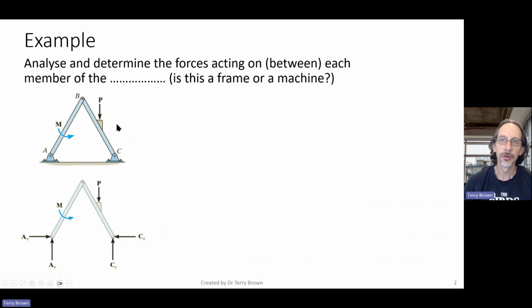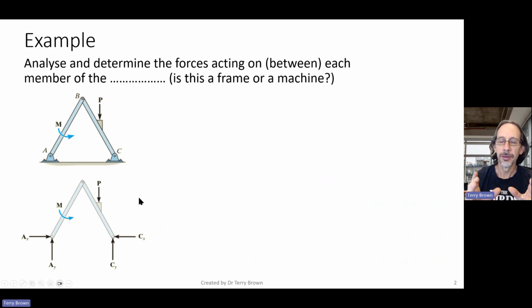If you're not sure, you can go and look up the definition, but basically if it's holding a load and the load can never move, no matter what magnitude the load is, so the members aren't designed to move relative to each other, then it's a frame.